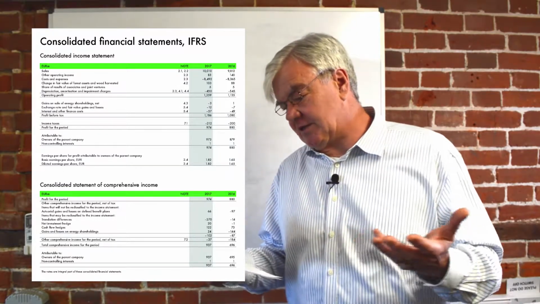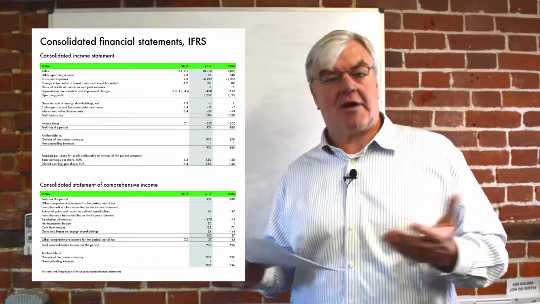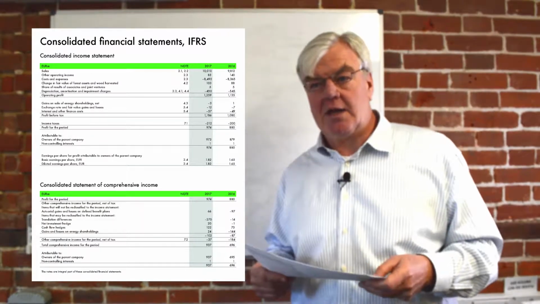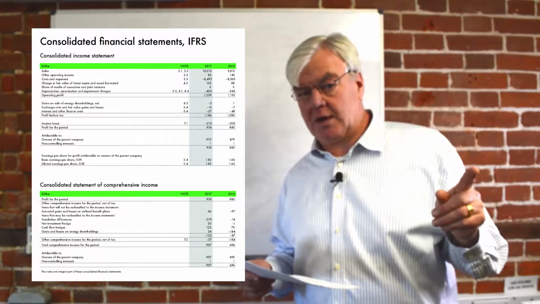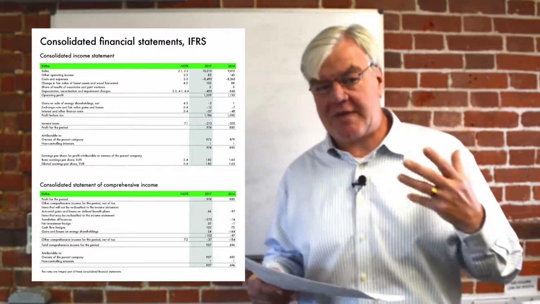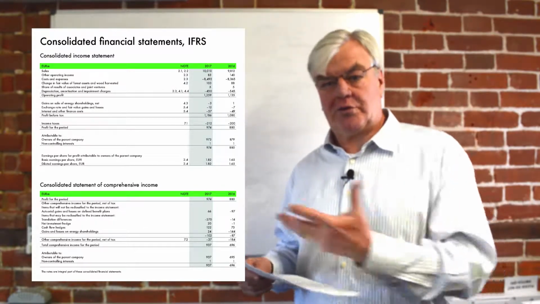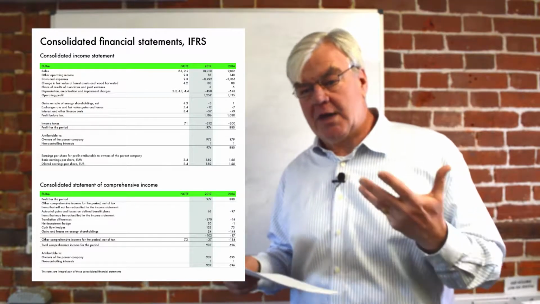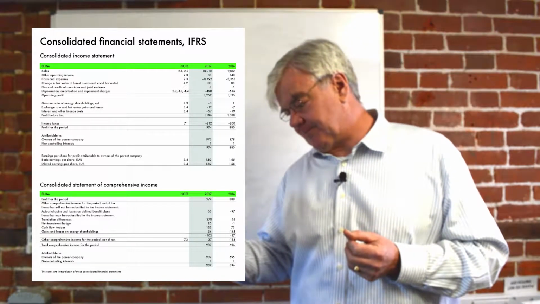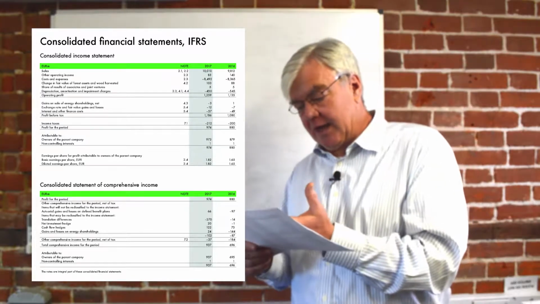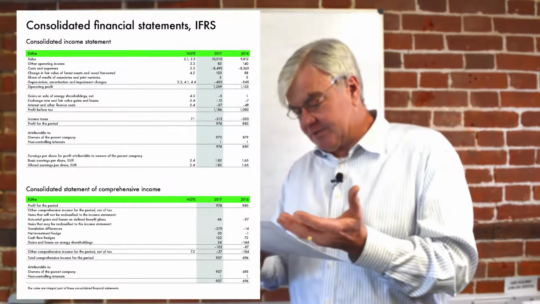So that's why it says Consolidated Financial Statements, IFRS. And that's what we want, certainly, because in theory, and I will come back to that, in theory that should ensure some sort of comparability between others and help us to understand what we've got here. So the first thing I'm looking at is the consolidated income statement.